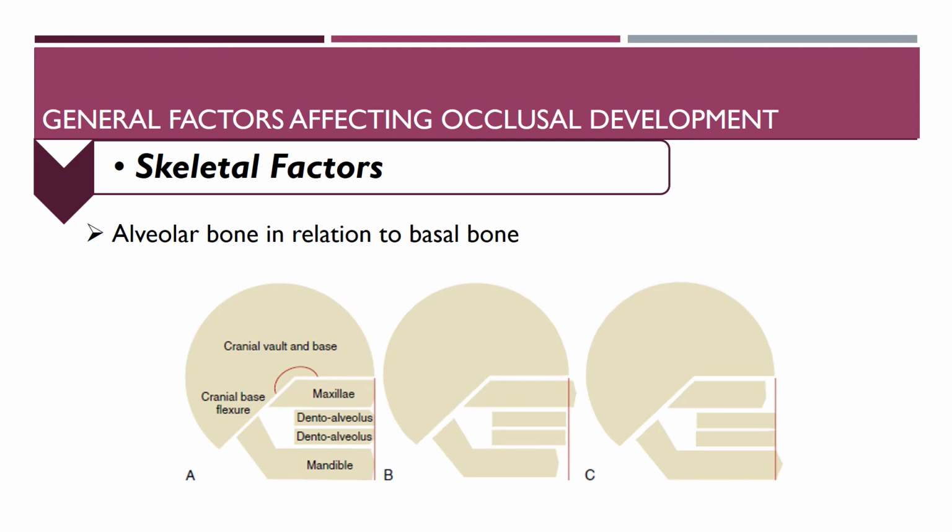The alveolar bone relationship to the basal bone. Although the alveolar bone is supported by the basal bone, as we said previously, for both maxilla and mandible, the relationship between the upper and lower alveolar bones is not necessarily the same as that between the upper and lower basal bones.